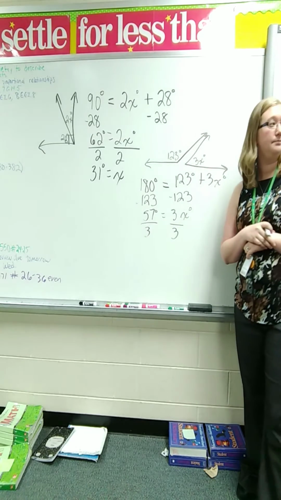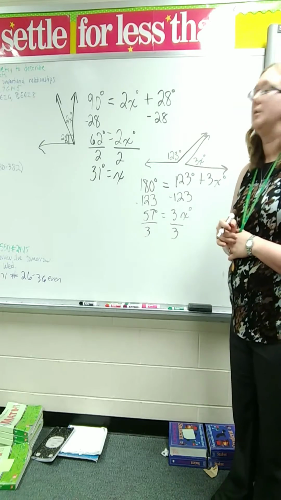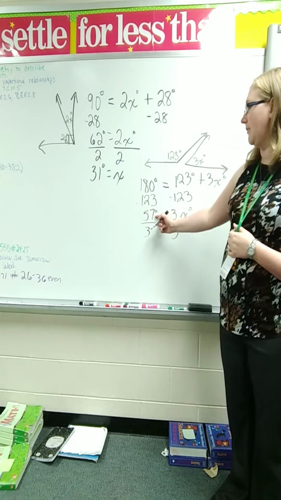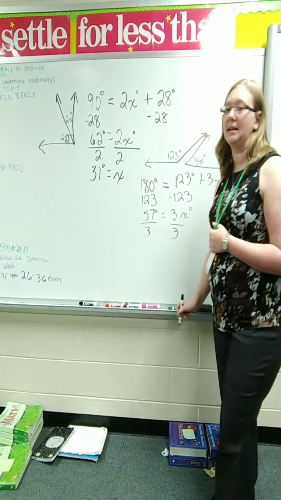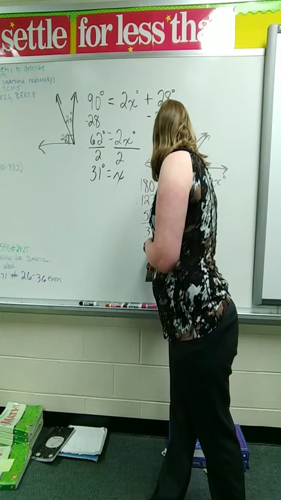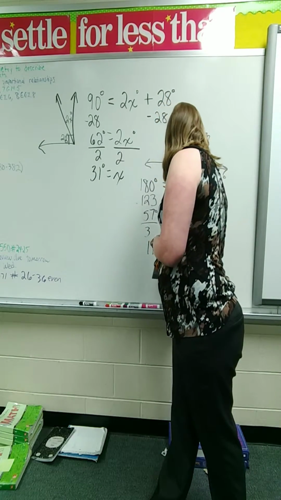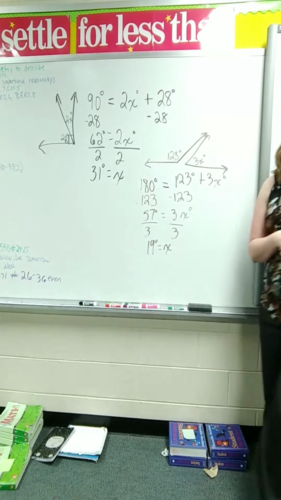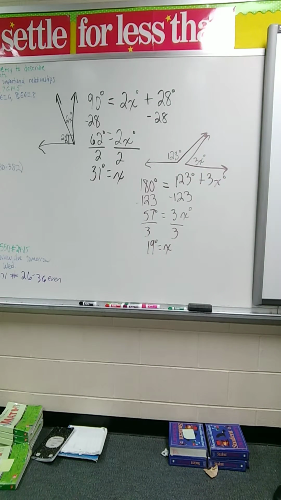Division, good. So when I divide 57 degrees by 3, I actually get 19. So then 19 degrees is equal to x.